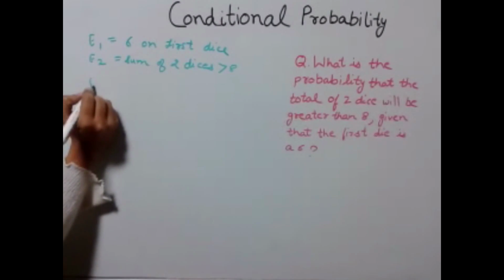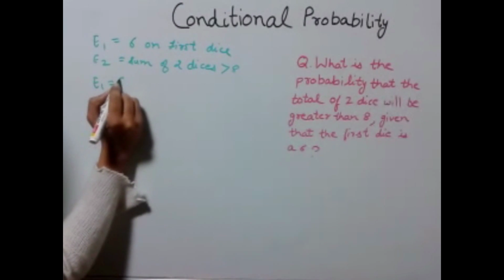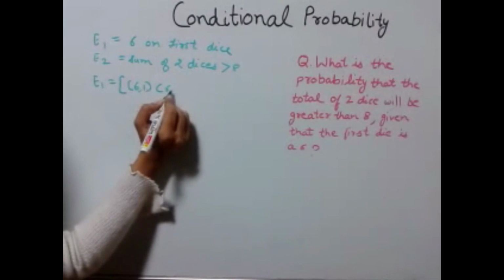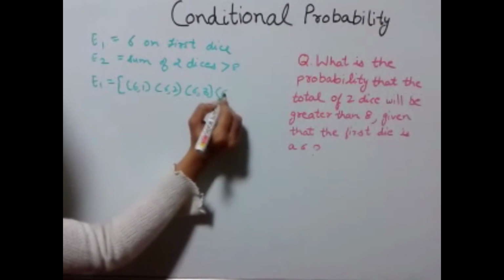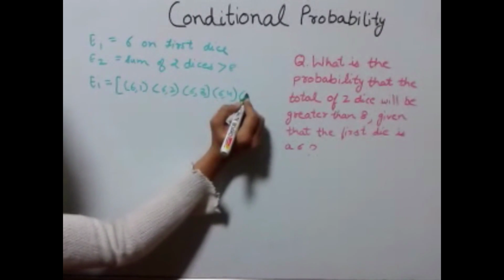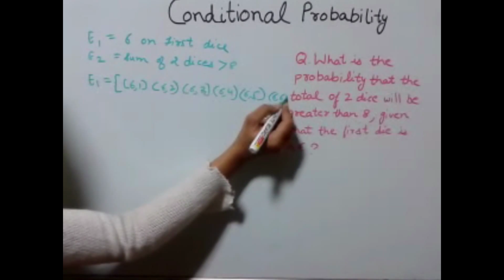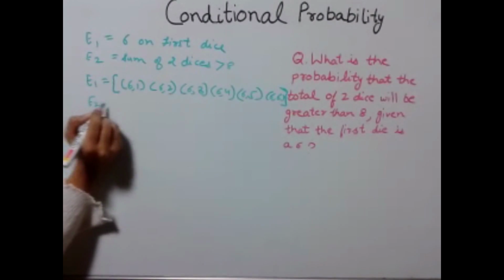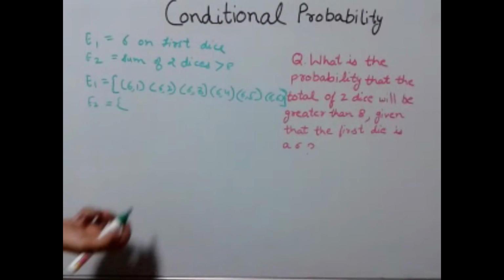So, our sample space for E1 would be 6 on first dice, which will be equal to 6,1, then 6,2, 6,3, 6,4, 6,5, and 6,6. Our sample space for E2 would be sum of 2 dices greater than 8.